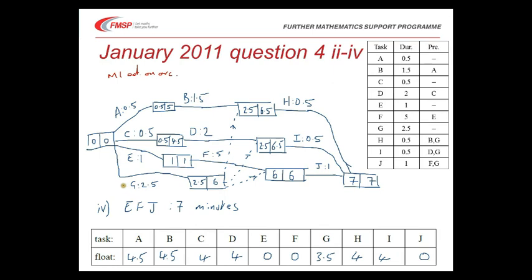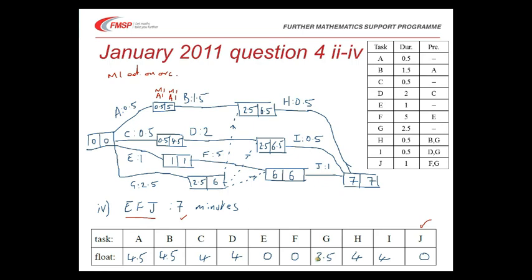It's then an accuracy mark for this half of the diagram here, and then a final accuracy mark for this half of the diagram here. 4 marks for your forward and backward passes, so basically what's been looked for there then is M1, A1, a clear attempt at correct method for your forward pass, an accuracy mark if they're all correct, and similarly for your backwards pass, M1A1, and then 3 more marks, 1 for your critical activities, 1 for your number of minutes, and 1 for your float.